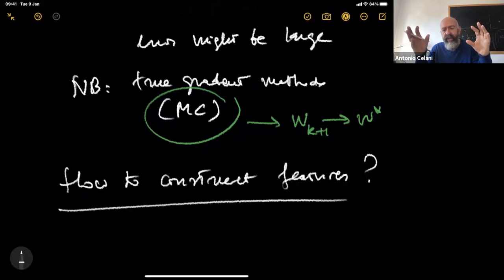Or you can use some other machine learning technique beforehand in order to construct a representation. Okay? So either you use insight or you use machine learning, like, for instance, what is called representation learning, that is unsupervised learning, in which you sample your system and you try to extract the features before even starting to evaluate the policy. So this is also a possibility.